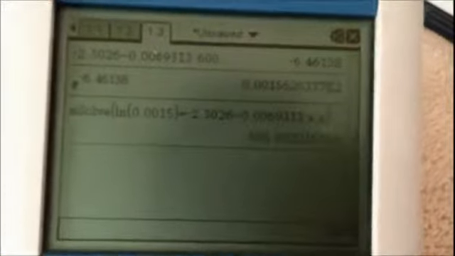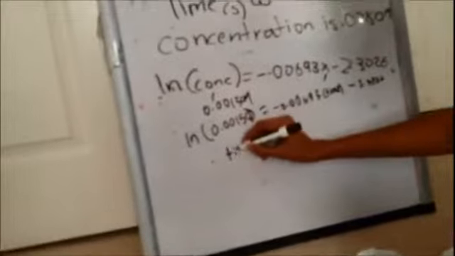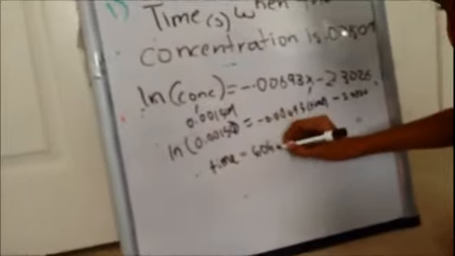And for nsolve, you have to put a comma, the variable you're solving for, in this case x, and enter, and we get our value. So, solving this equation, we get time equals, with 3 sig figs, 606 seconds.